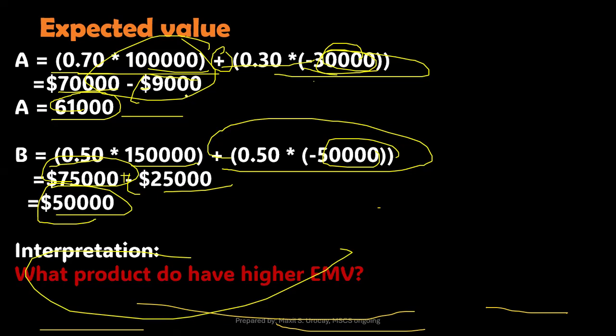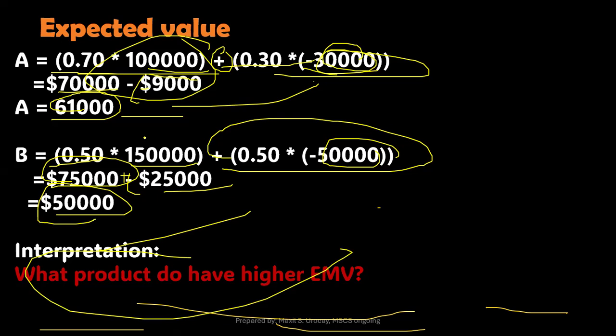Now, which product has the higher EMV? Comparing the results of A and B, the one you can definitely choose is the 61,000, which is A, because it has the higher expected value.